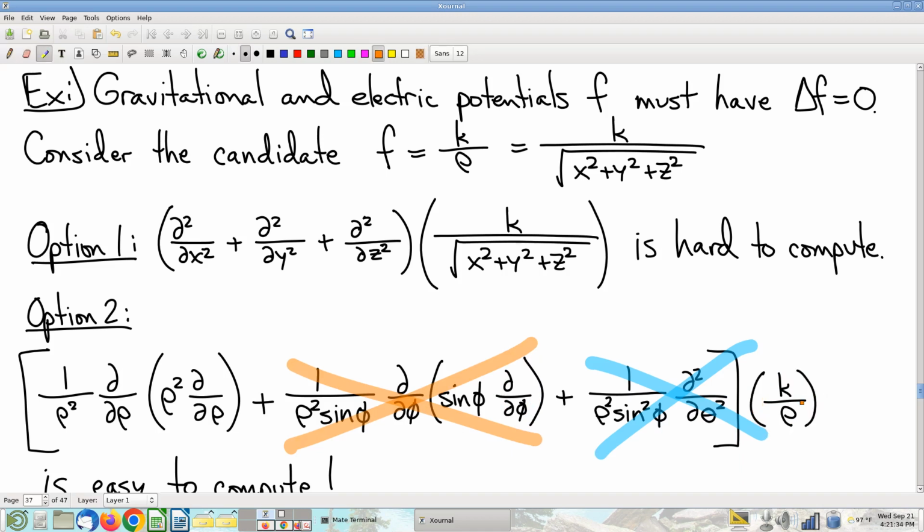Everybody with me so far? And just real quick before we finish this up, how did we get this lucky? We got this lucky because the function that we're interested in here is naturally written in spherical coordinates, right? The way a charged particle creates electric potential naturally should depend on distance from where that charged particle is.